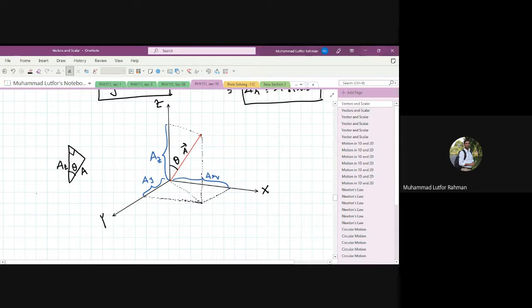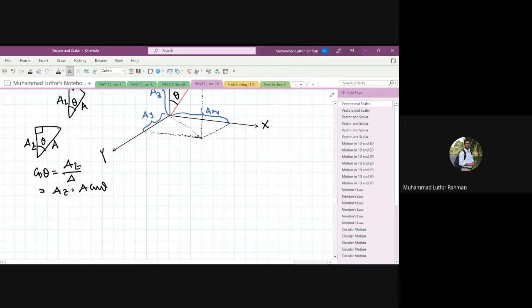You can draw it in another way. If you extend that idea, I draw it from another perspective. This is your 90 degrees, this is your vector A, this is theta, and this is that AZ component. Then you can find it in terms of cos theta. Cos theta is base, AZ divided by A, which gives AZ equals A cos theta, because it creates an angle with the Z axis.